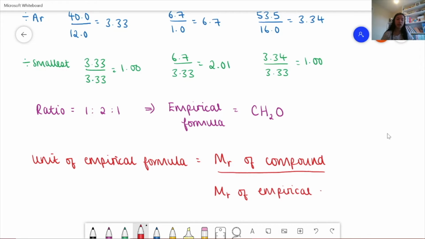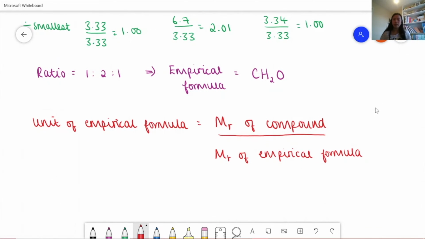So this CH2 that we've just found. And so the unit is equal to MR, which was 60, divided by the MR of this compound with the empirical formula. So we have the AR of carbon, which is 12, and then added with 2 hydrogens, which is 2.0, and then we have 16 for the oxygen.